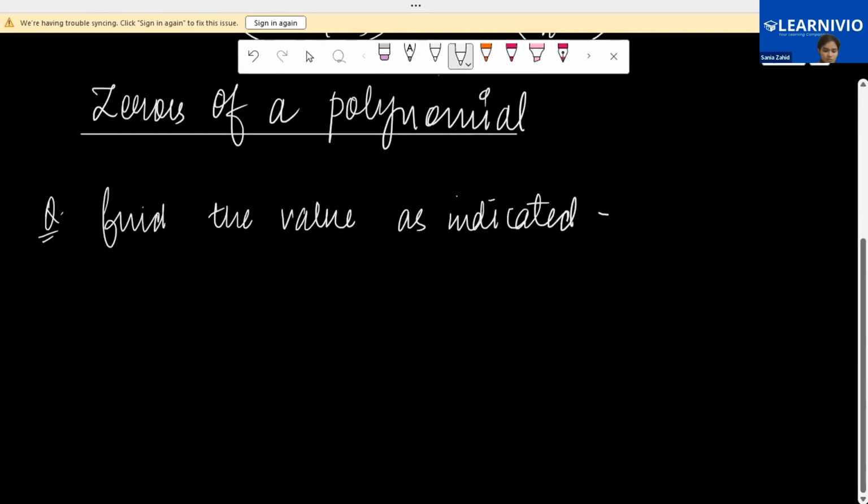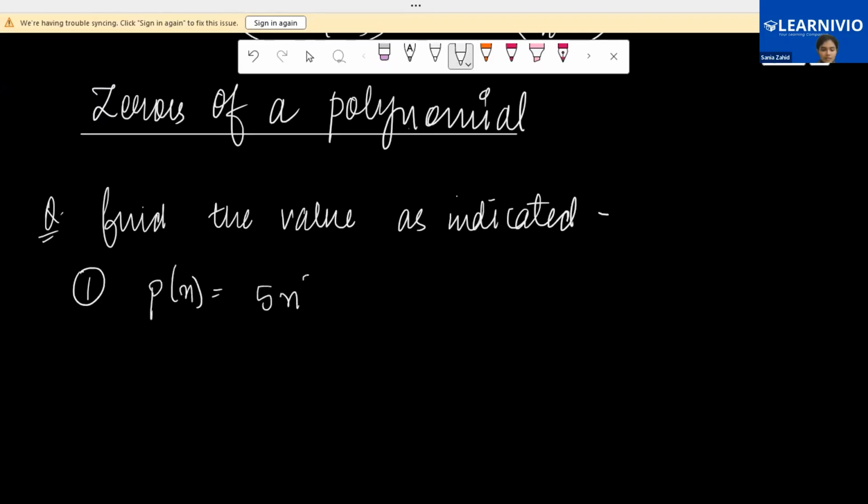The first polynomial is p(x) = 5x squared minus 3x plus 7 at x = 1.